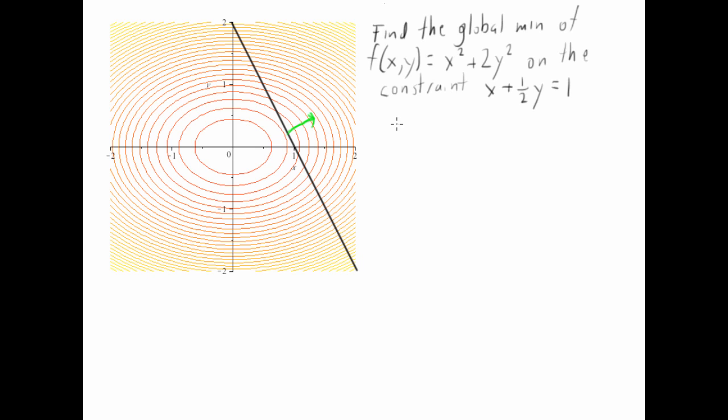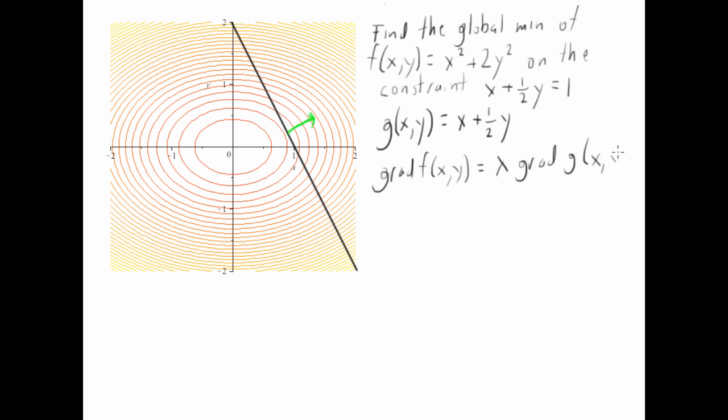In particular, if we say that g of x comma y is x plus 1/2 y, the equation we'll be using on a regular basis for constrained optimization is the following. The grad of f at x comma y is going to be parallel and thus equal to lambda times the grad of g at x comma y.